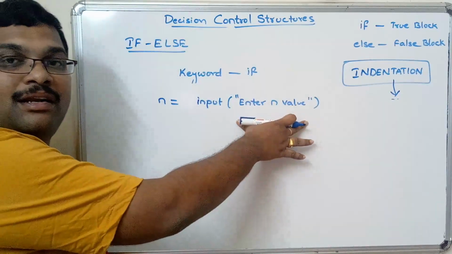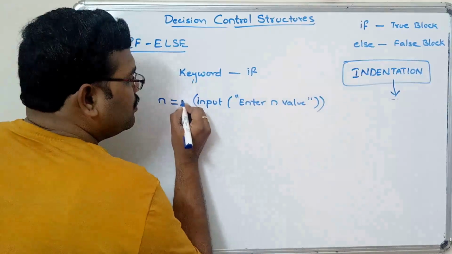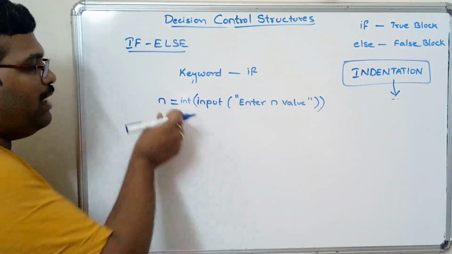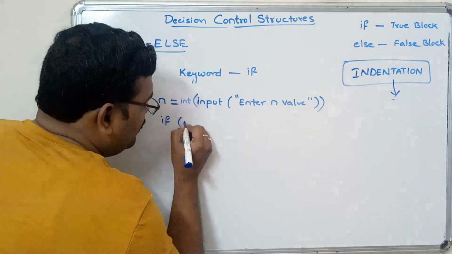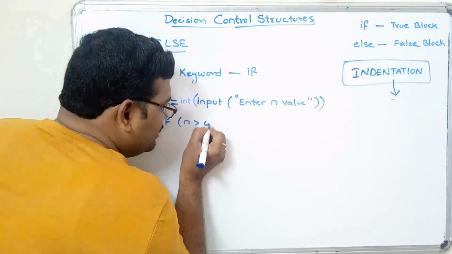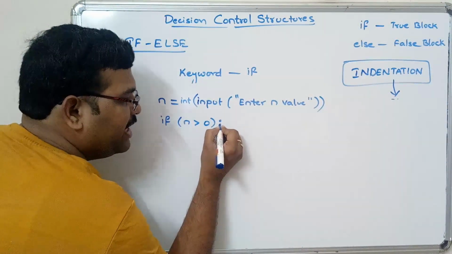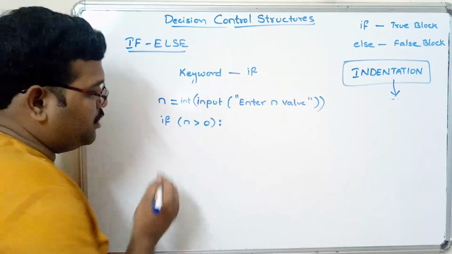It will return a string format, so for this we have to typecast. So we have to convert into integer. Now n value is an integer. Now write down if n greater than 0. Obviously if any number is greater than 0, we know that it's a positive number.